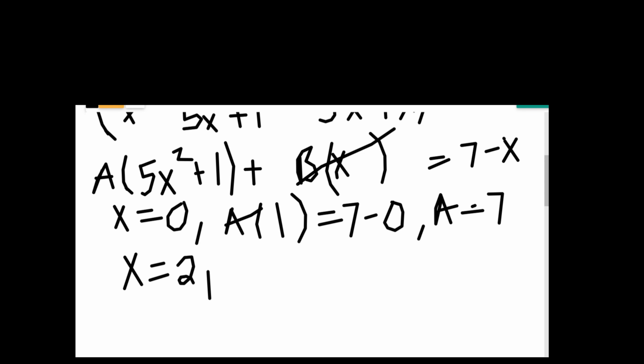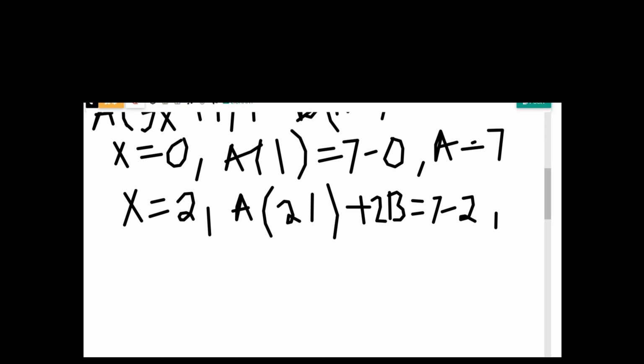Then we're going to have 8 times, let's plug in 2 for x right here. We're going to have 20 plus 1, so 21, plus b times 2. So that's just going to be 2b is equal to 7 minus 2.